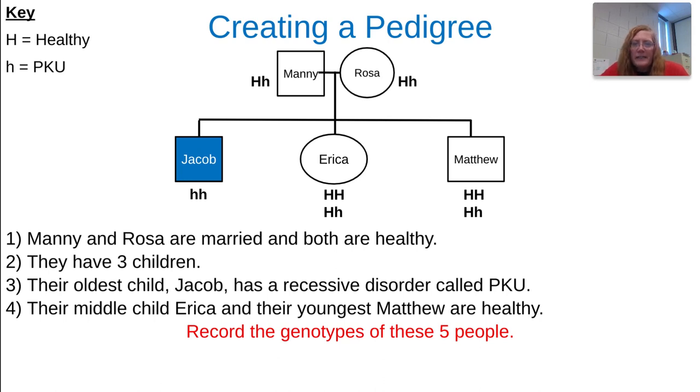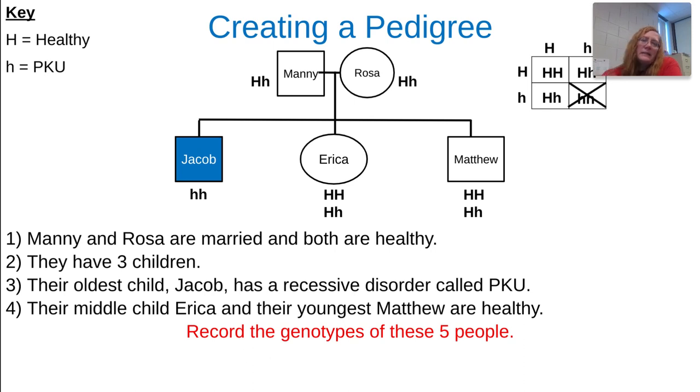Now we look at Erica and we look at Matthew. If we do a Punnett square, big H, little h times big H, little h, okay, that's what we get. There is a 1 in 4 chance that they have big H, big H, and there's a 50% chance that they have the big H, little h.